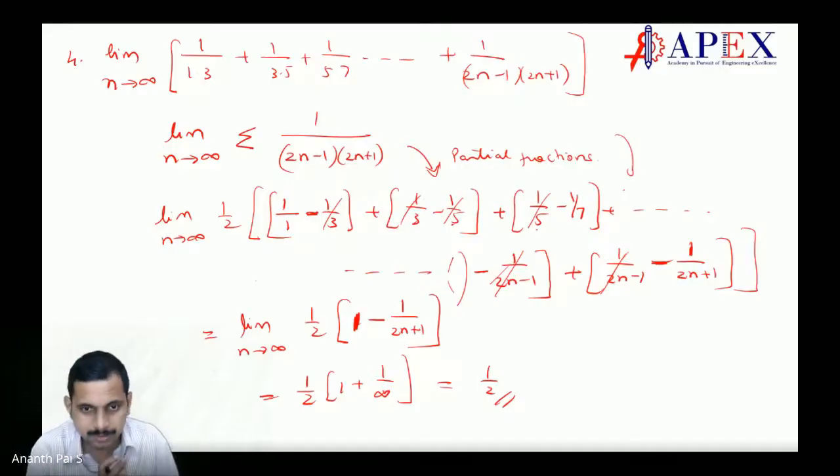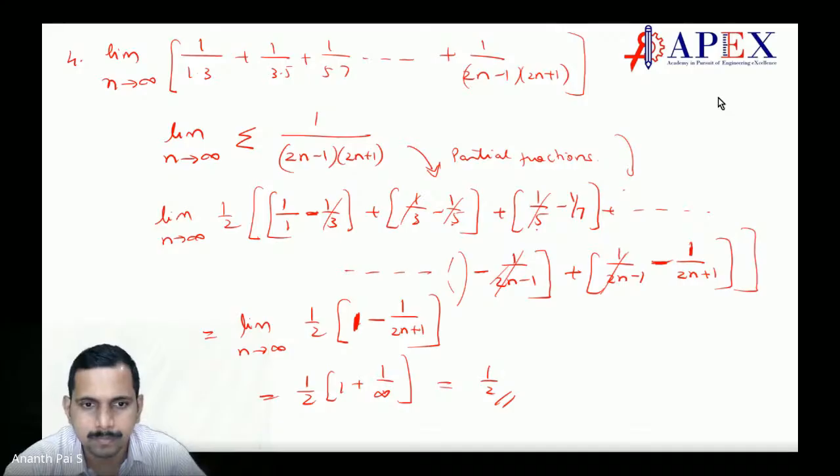Yeah, please. Sir, in the second step, you have written limit of n tends to infinity sigma 1 by 2n minus 1 into 2n plus 1, right? So if we multiply it, we'll get 4n square minus 1 in the denominator. So if we write 1 into n to the power of 0, can we do using one of the shortcuts you used previously?